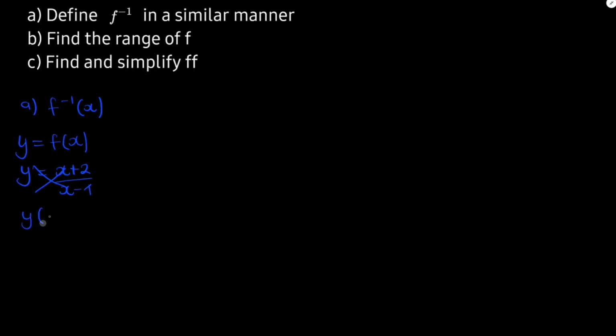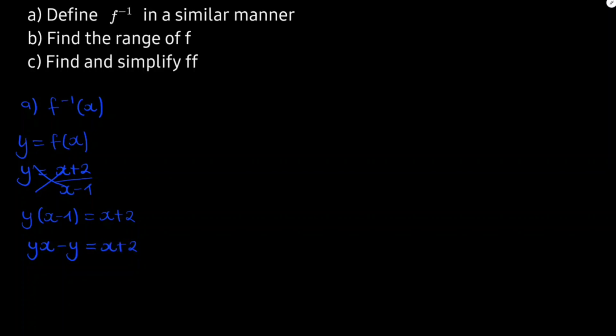We get y into x minus 1 equal to x plus 2. We open this bracket and simplify it, so we have yx minus y equal to x plus 2.